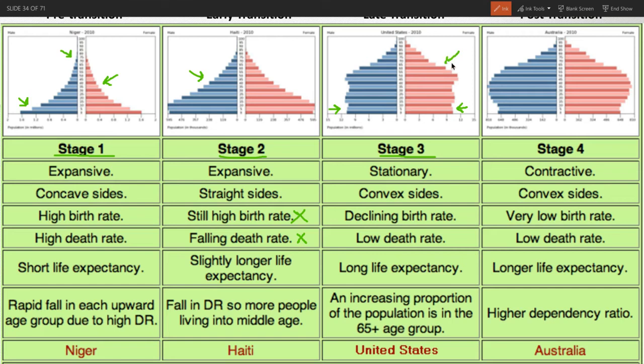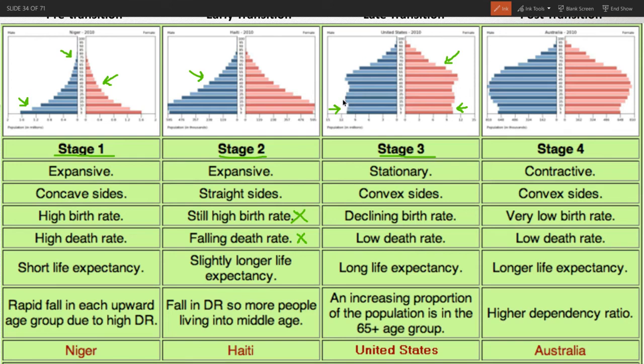So you see a wider part of the population up here. This is still a growing population, but the rate of growth is starting to slow down. In some cases, towards the end of demographic transition, you might see a stabilizing of the population somewhat.